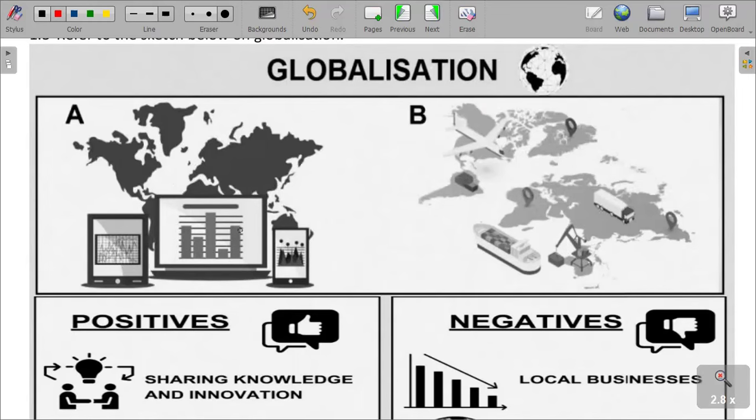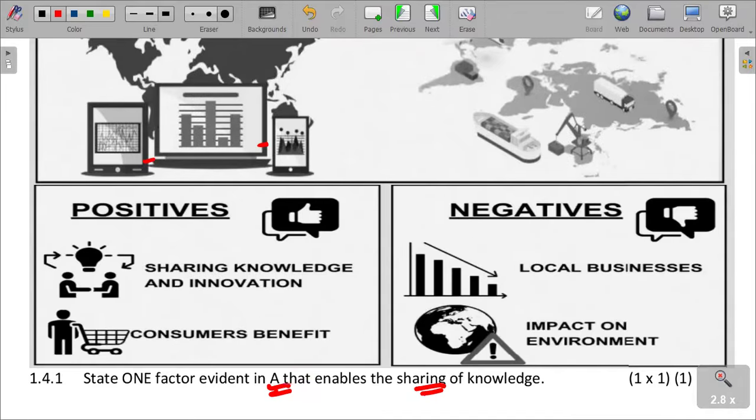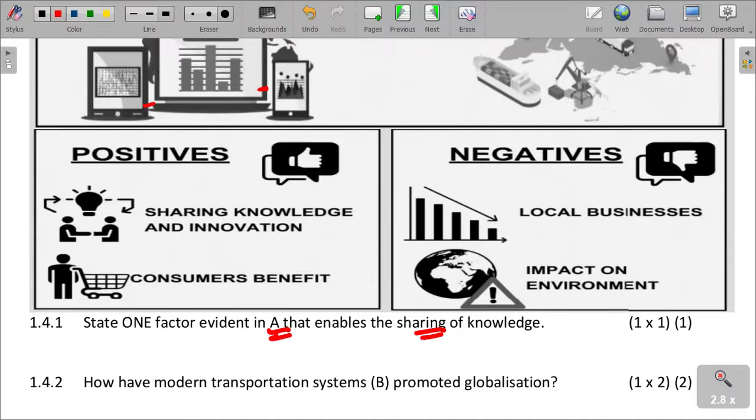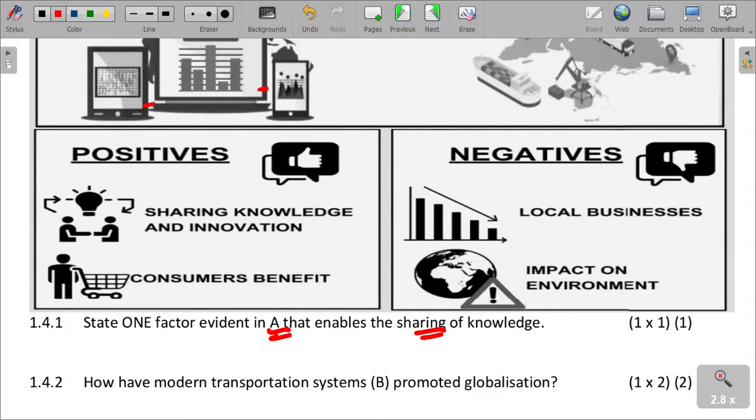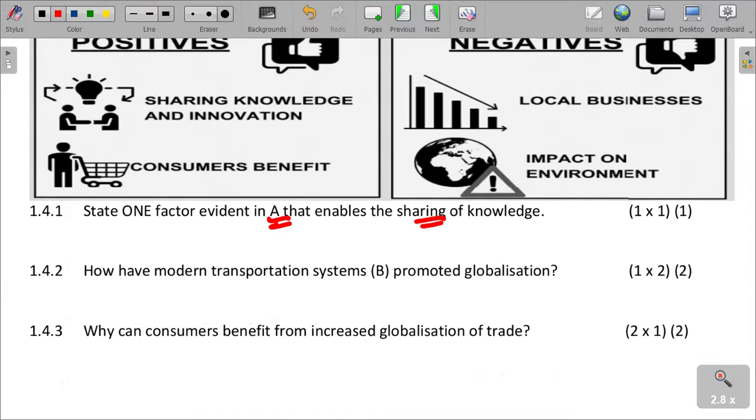We are saying the availability of a telecommunication system, which is shown through the towers provided here. Sharing of information can be made possible through telecommunication systems.